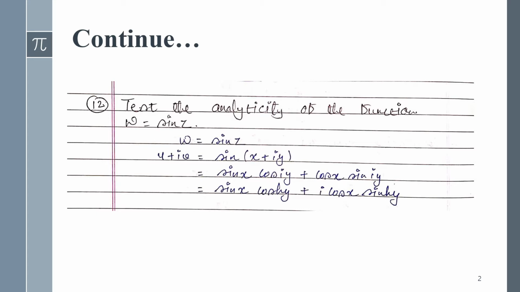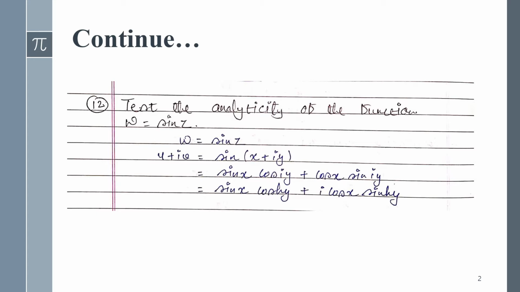So you have to open the brackets of sine of alpha plus beta, and you know the formula: sine alpha into cos beta plus cos alpha into sine beta. Based on this formula we write the main equation for the angle x plus iy. Here alpha is x and beta is iy.